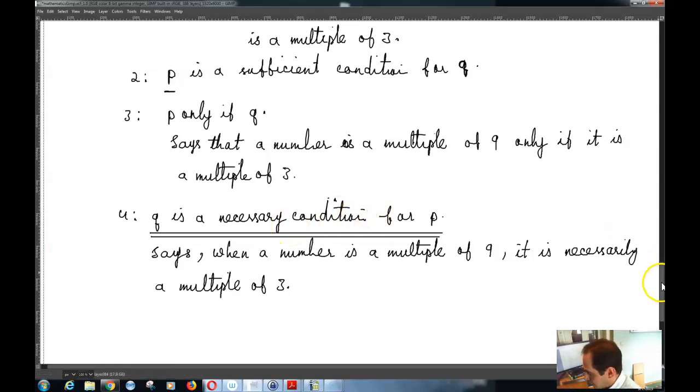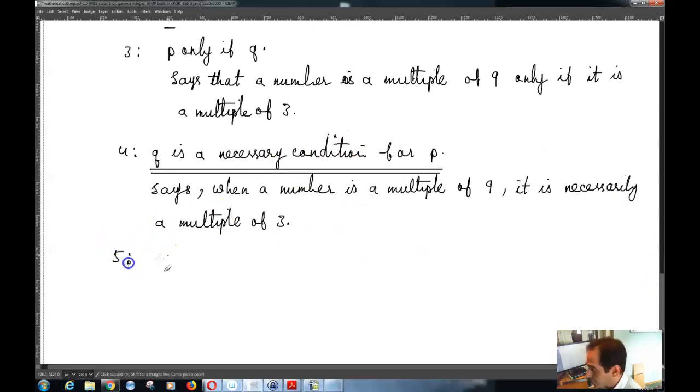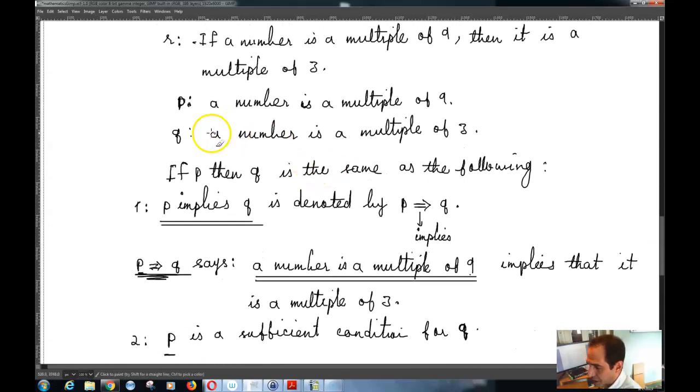And also number 5 means that not Q implies not P. This is the negation of Q, and this is the negation of P. Now this means that if a number is not a multiple of 3, then it is not a multiple of 9, because Q is a number is a multiple of 3 and P is a number is a multiple of 9.